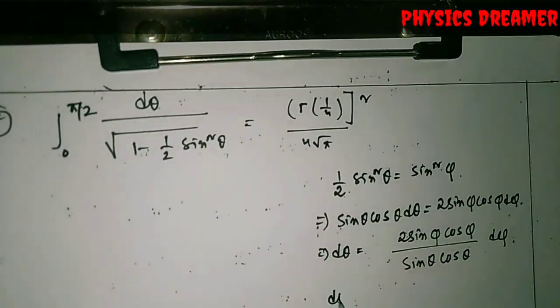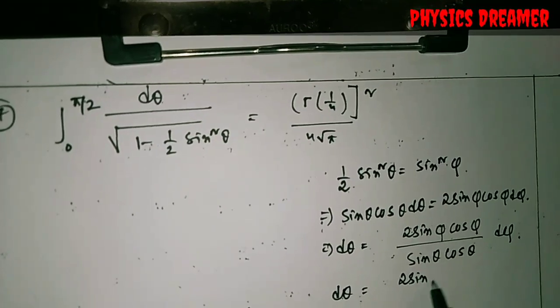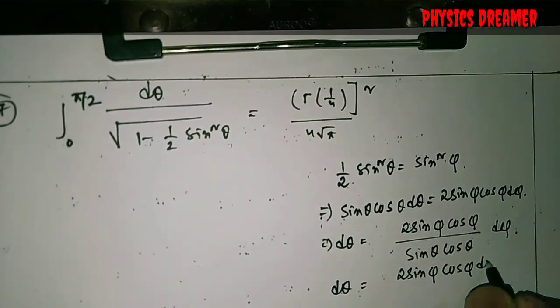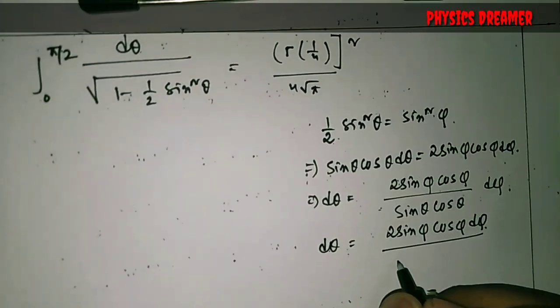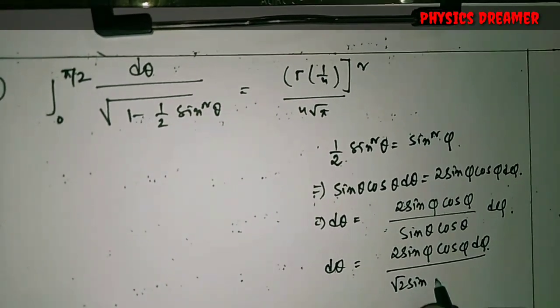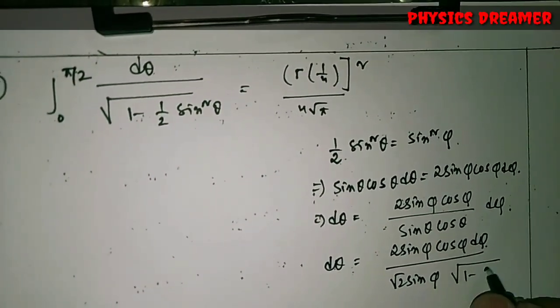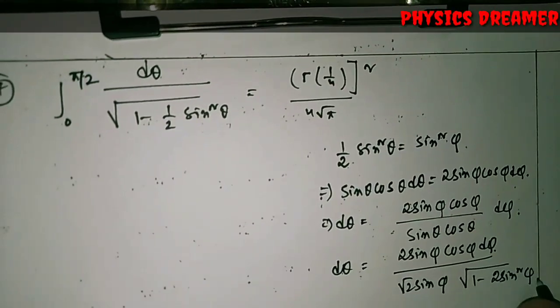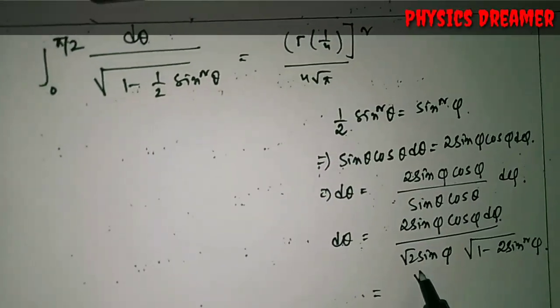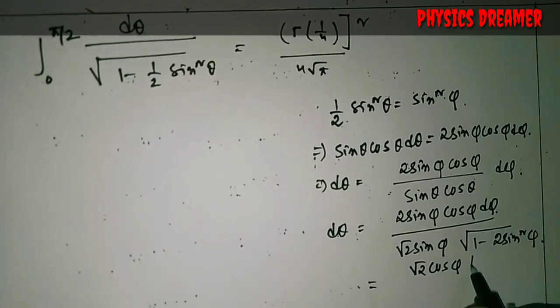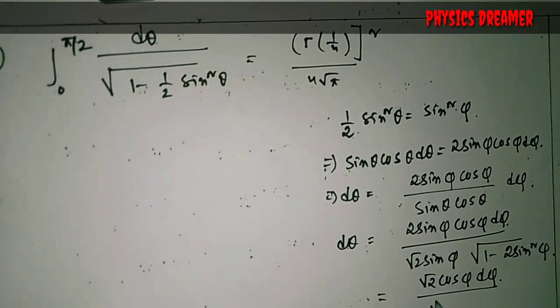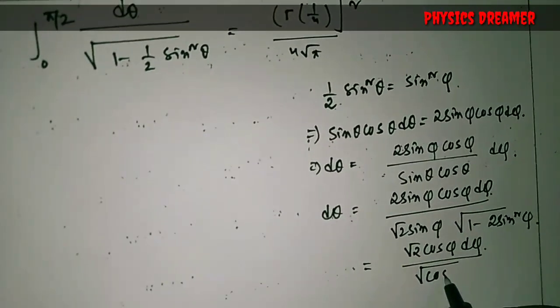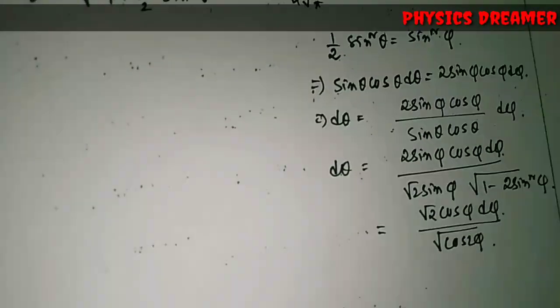Now d theta equals 2 sin phi cos phi d phi by root 2 sin phi into root over of 1 minus 2 sin square phi. So here I can write it root 2 cos phi d phi by root over of cos 2 phi. Now here the limit will be 0 to pi by 4.